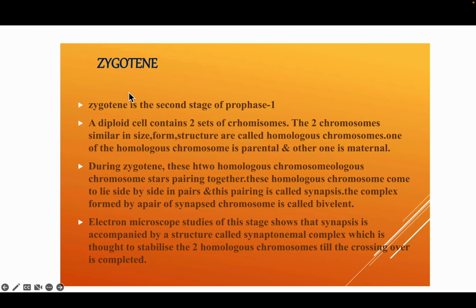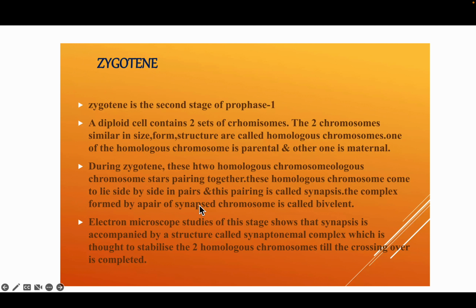Now zygotene is the second stage of prophase 1. A diploid cell contains two sets of chromosomes. The two chromosomes similar in size, form and structure are called homologous chromosomes. One of the homologous chromosomes is paternal and the other one is maternal. During zygotene, these two homologous chromosomes start pairing with each other and come to lie side by side in pairs, and this pairing is called synapsis.